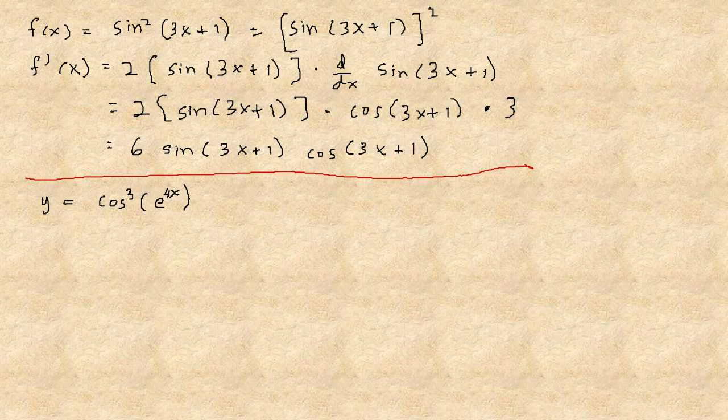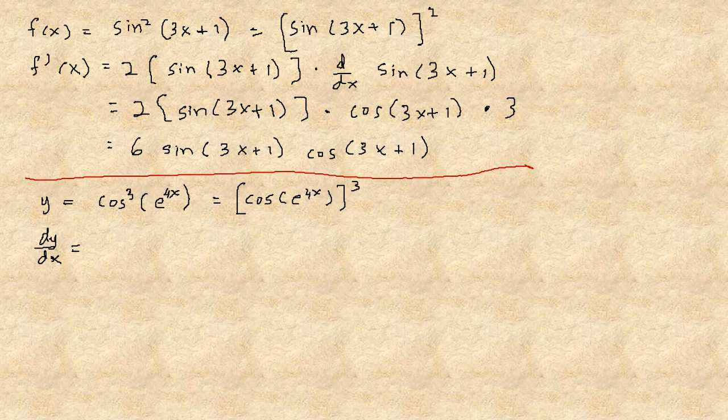Next example, we have y equal to cos to the power of 3 of e to the 4x. So this function we can write as cos of e to the 4x in brackets to the power of 3, meaning the power of 3 belongs to cos. So to find dy over dx, first we bring the power to the front.